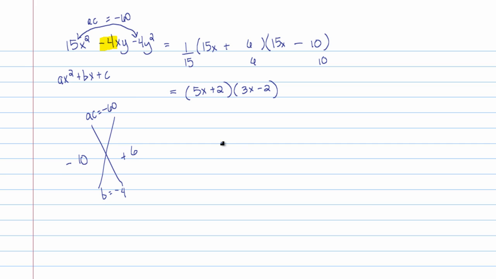Then what people often do at this point is say, okay, so that means 15x squared minus 10xy plus 6xy minus 4y squared. The central two terms, negative 10xy plus 6xy, make a negative 4xy, so it is the same as the original polynomial, but then they factor by grouping. These two have a 5 and an x in common, so they pull out a 5x and are left with 3x minus 2y.